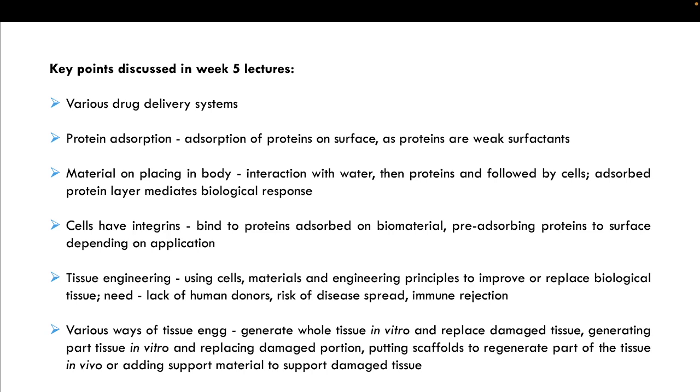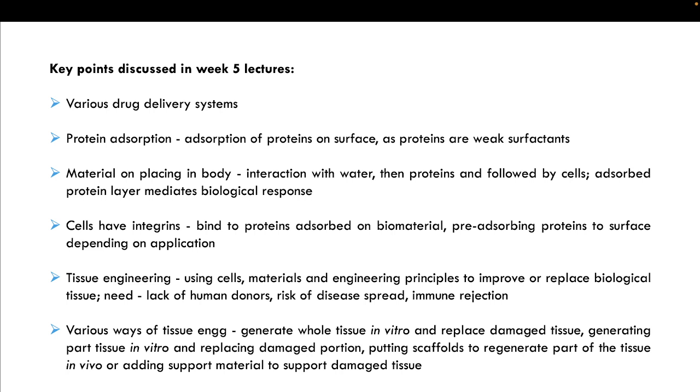Let's say you have a scaffold and it doesn't have any cells. A scaffold is nothing but a pattern of how that organ is, just the ECM of that organ, and then you place it in the patient's body, and over time the body cells will start integrating into the scaffold.